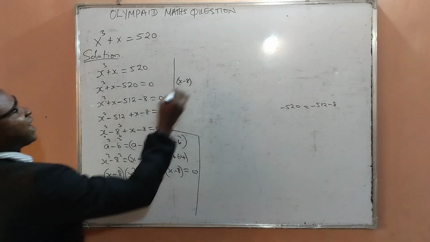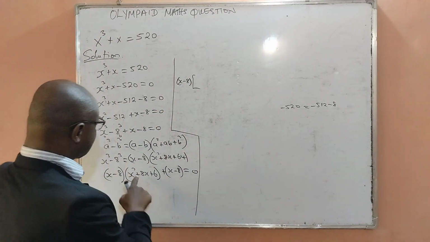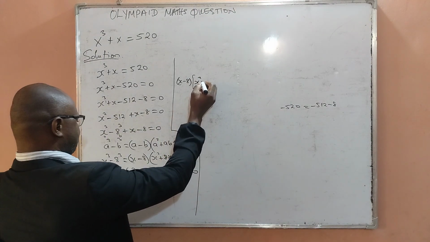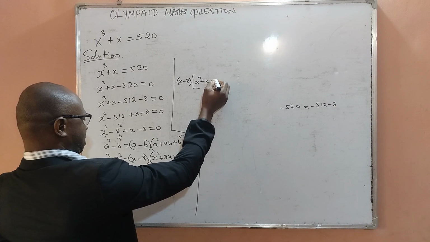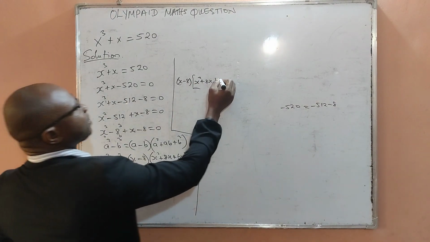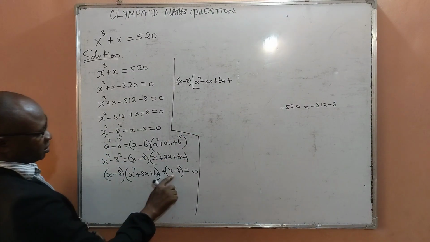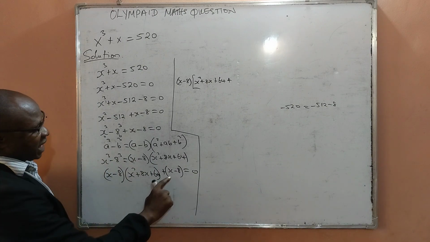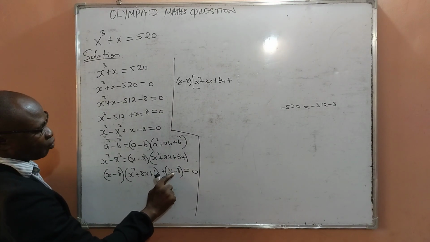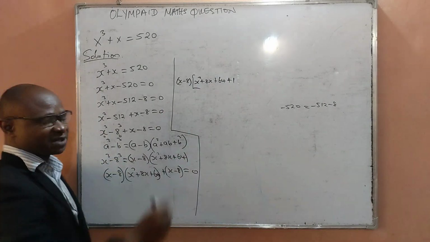Left with me is the quadratic expression in the bracket, which is x squared plus 8x plus 64, then plus 1, because I have moved x minus 8 outside. So this place will remain 1, so that if I multiply it by that 1, it becomes x minus 8.